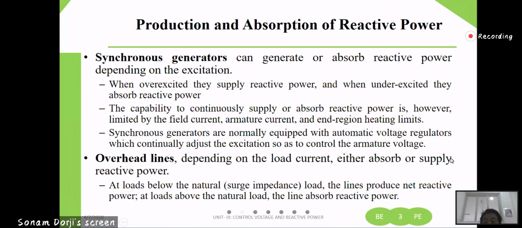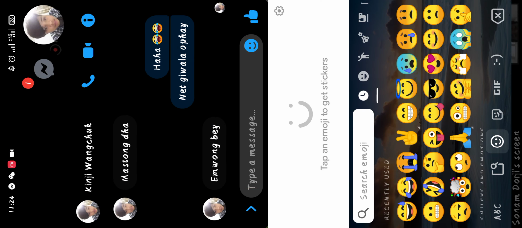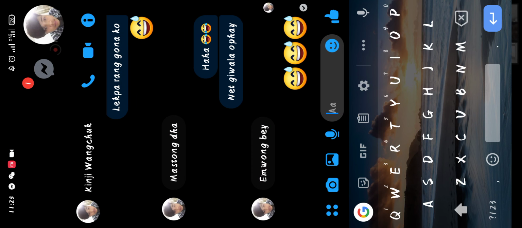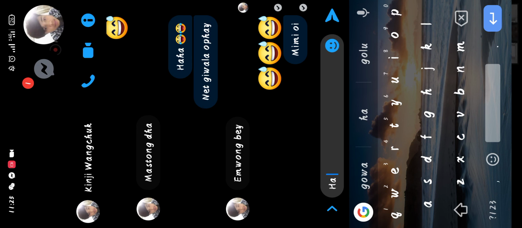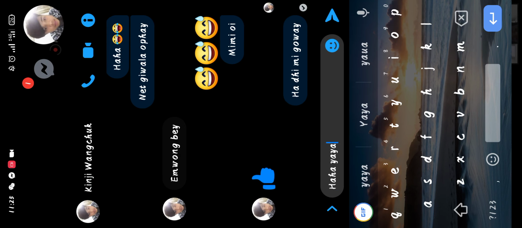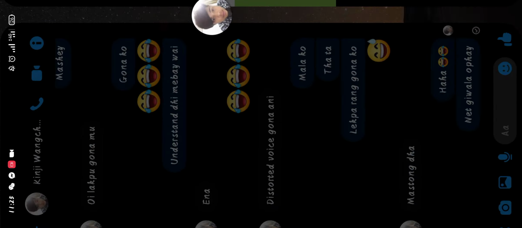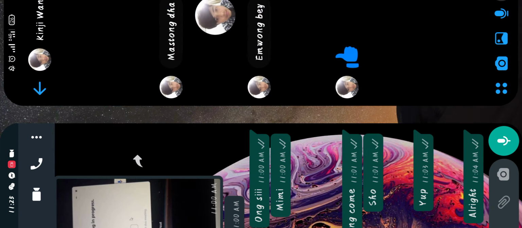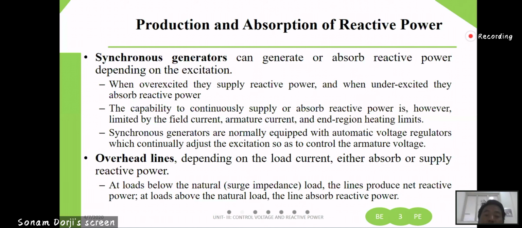At load below the natural load, meaning the surge impedance loading, SIL, which we have learned about, the line will produce reactive power. If it is above the natural load, the line will absorb the reactive power. Here we are just studying how it generates and absorbs only.